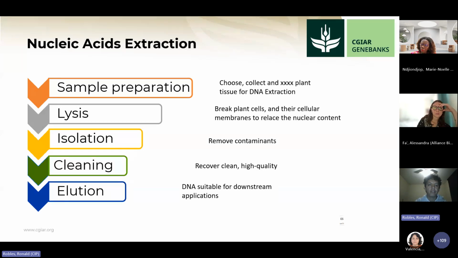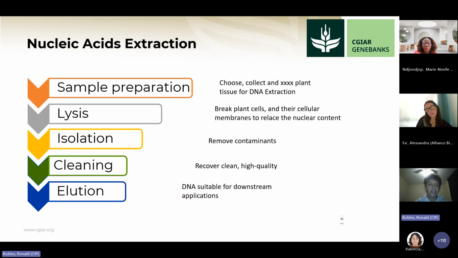This is independent of the method, because there are different methods to make the extraction. Some methods are in liquid phase, like the CTAB method and others. The second group of DNA extraction is provided by the kits.